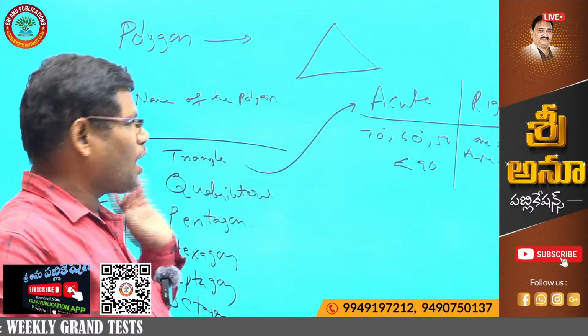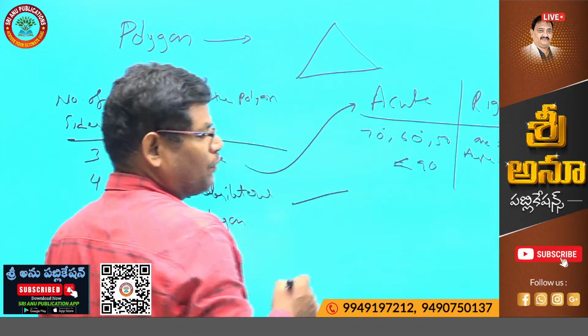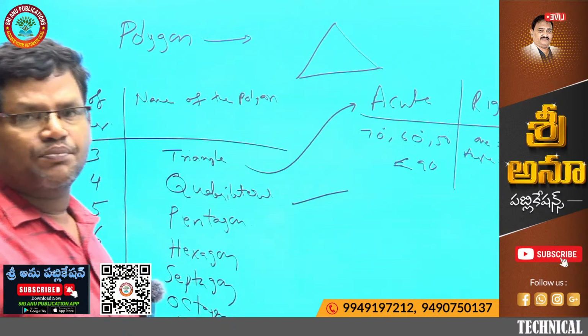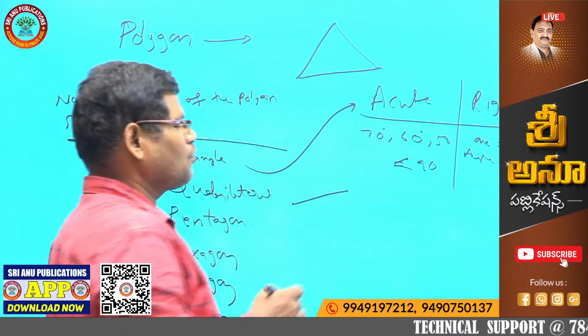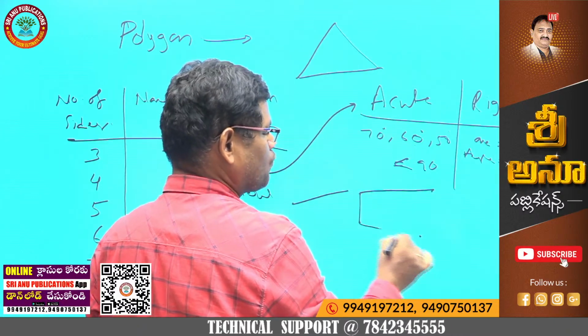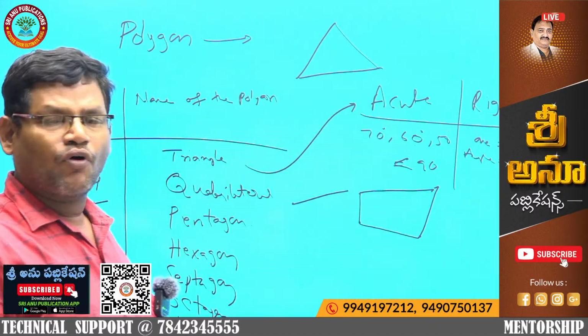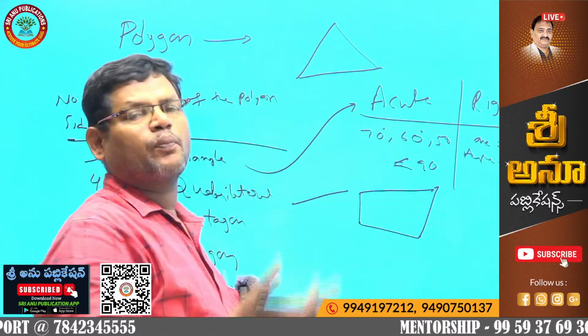Now what about quadrilaterals? We did discuss the sides. First of all, we will take the quadrilateral. A quadrilateral means four line segments. In these four line segments, it has no fixed properties.